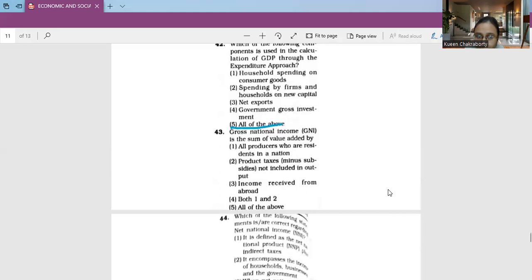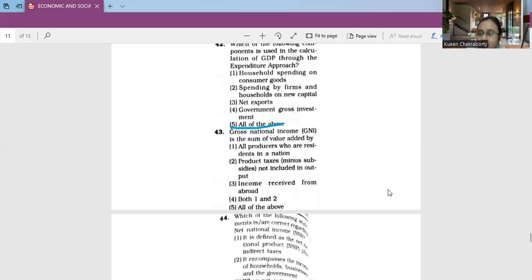That is number 5. Gross national income, or the GNI, is the sum of the nation's gross domestic product, that is GDP, plus net income received from overseas. So we can define that as the sum of value added by all the producers who are residents in a nation, plus any product taxes minus subsidies not included in output, plus income received from abroad, such as employee compensation and property income.